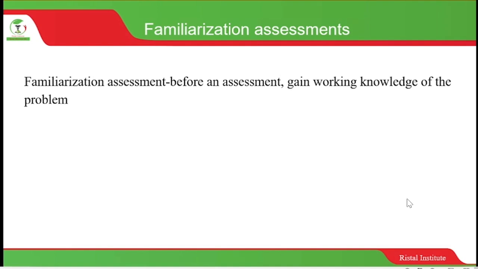So you first familiarize yourself and get knowledge on how you will be conducting the project. That is familiarization.